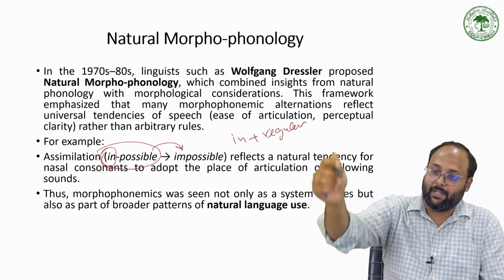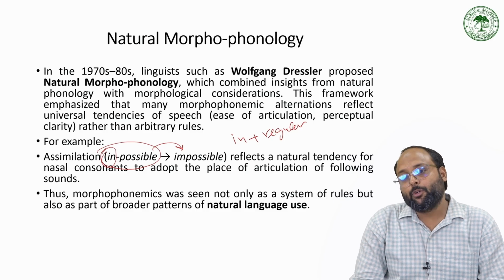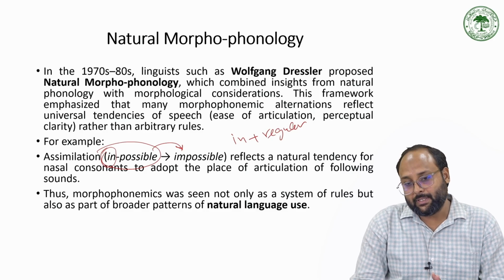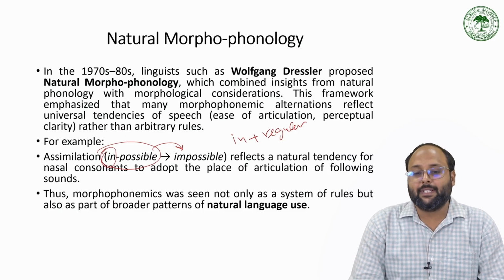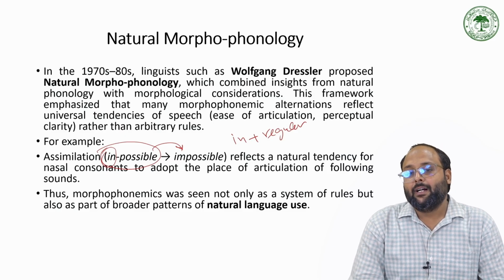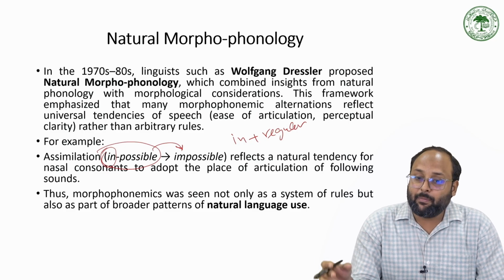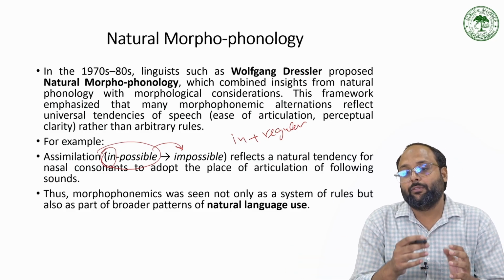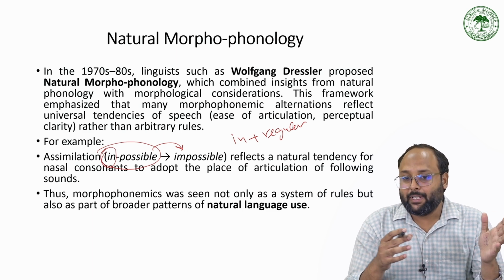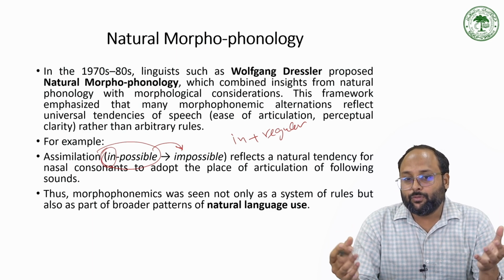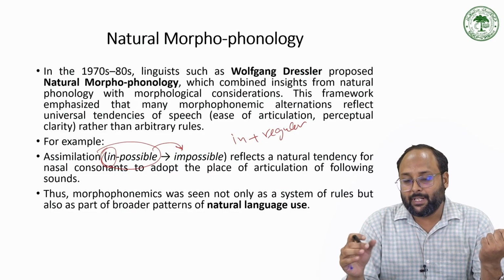So we have different alternations at the surface level because of those rules and those underlying representations. But the natural phonologists describe that it is a universal tendency, and it happens in natural language use. So when you are using the language naturally, it is not going in that particular way. It is used for ease of articulation and perceptual clarity.